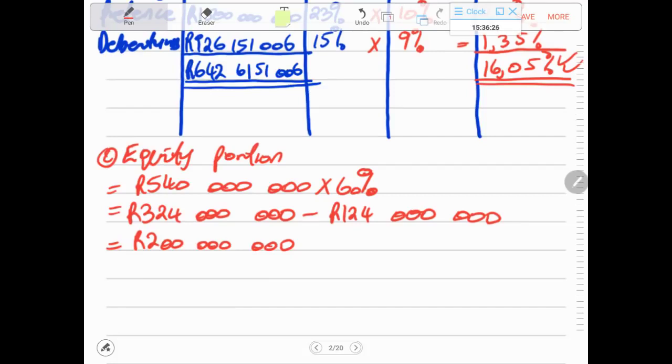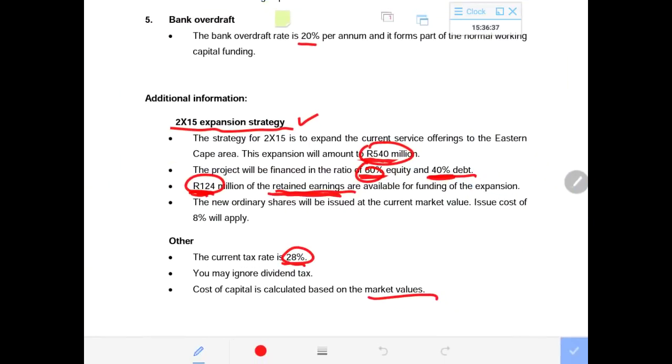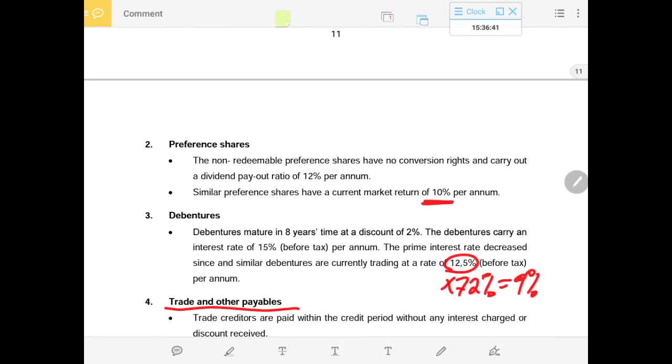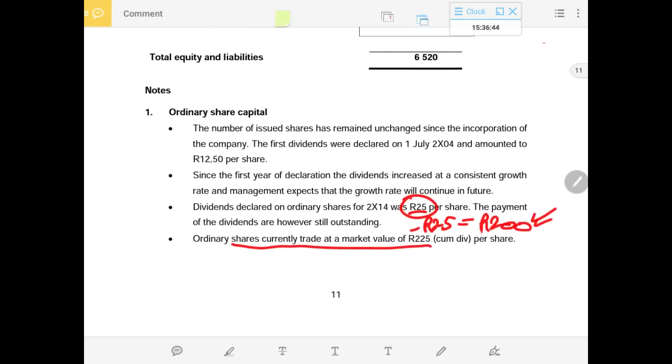Therefore, now the question is how many shares must be issued? We do have the capital that we want to raise, and we know how much is the price per share. If you remember, according to the market, the price per share is 200 rands because we said 225 minus 25.